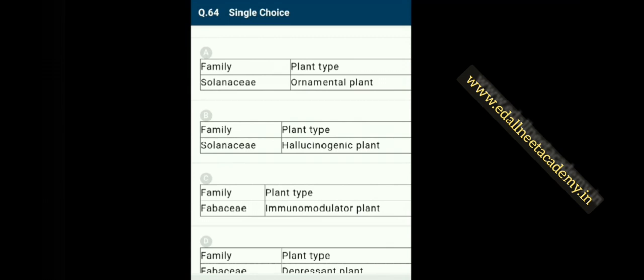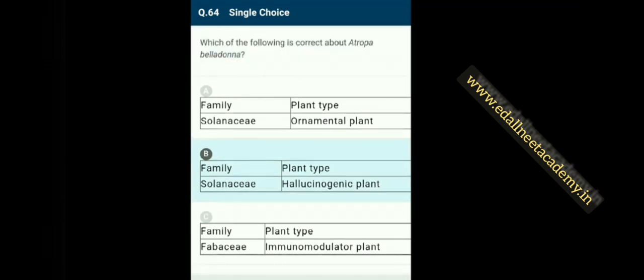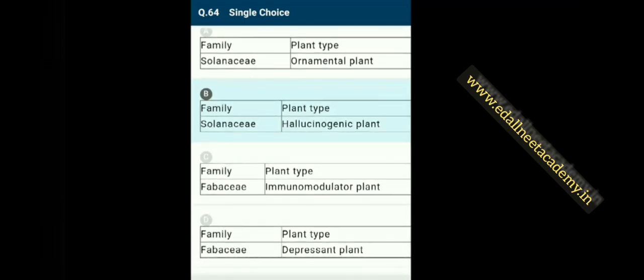Pilocarpine is the antidote for belladonna. Plants grown for decorative purposes in gardens, houses and landscapes are called ornamental plants. Roses, daffodils, lilac, etc. are considered ornamental plants. Plant substances that stimulate or suppress components of the immune system. The answer for this question is option B. From the given four options, option B is correct about Atropa belladonna.